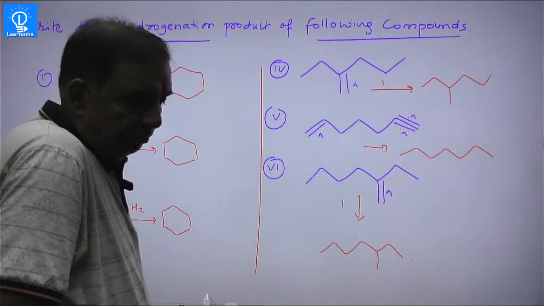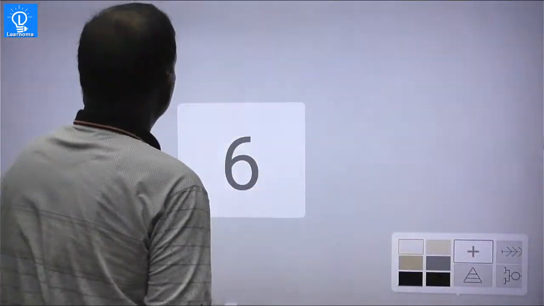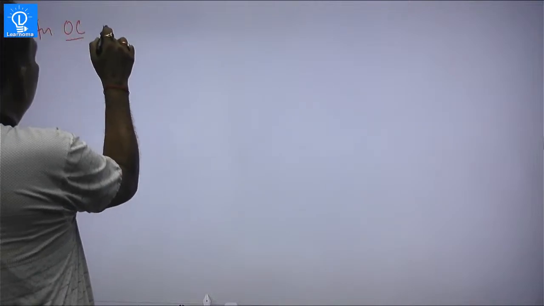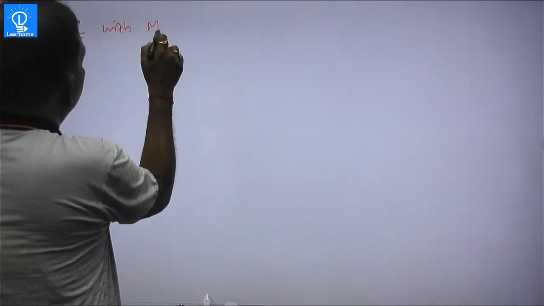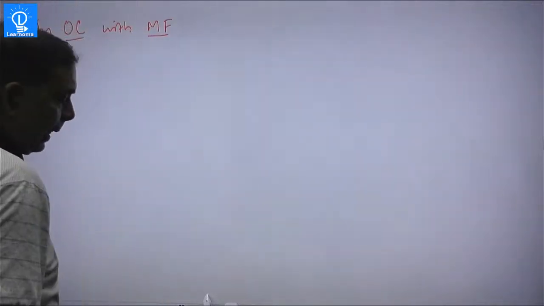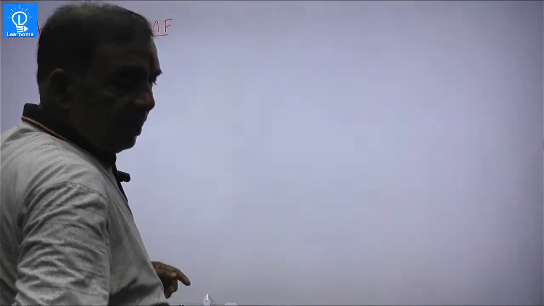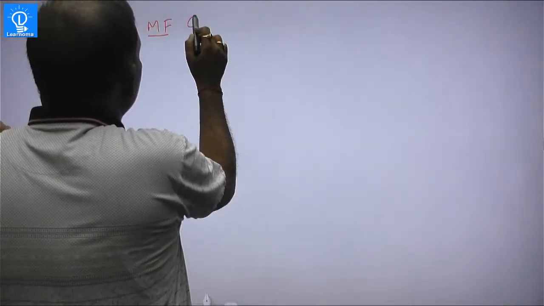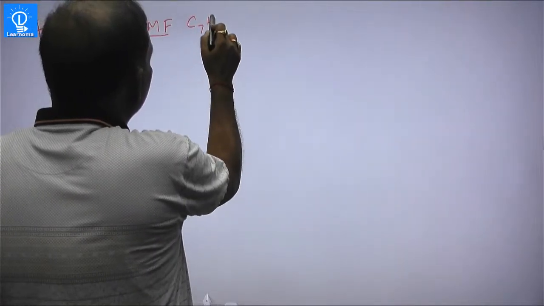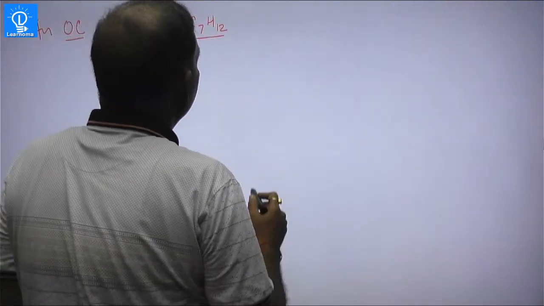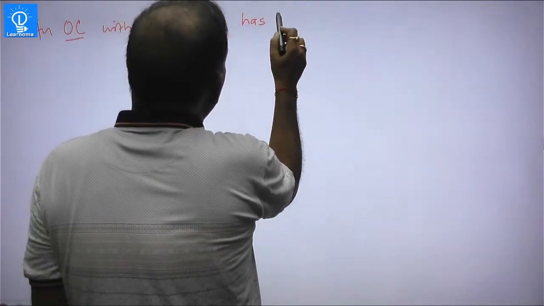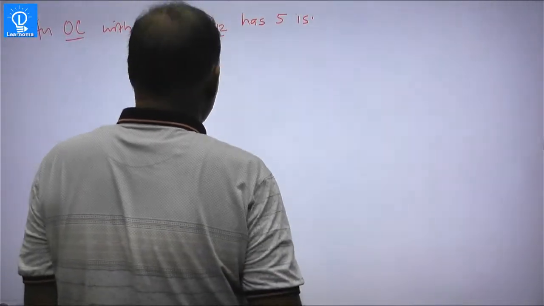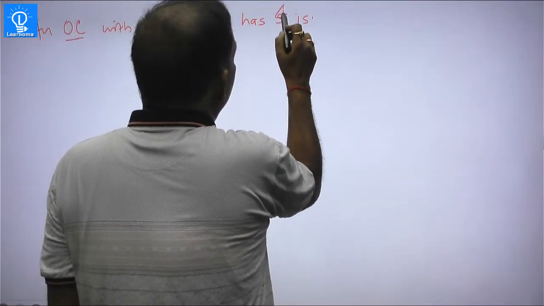See, an organic compound with molecular formula C7H12 has 4 isomeric alkenes.